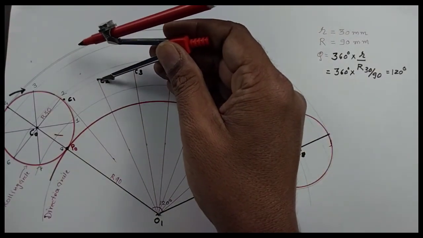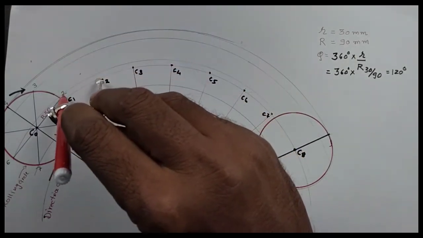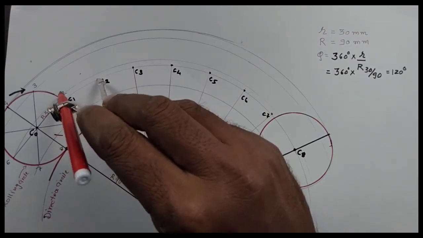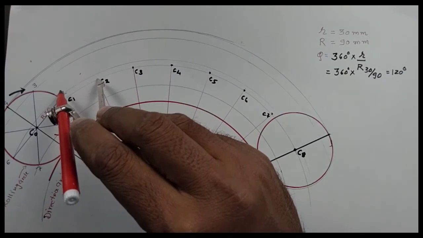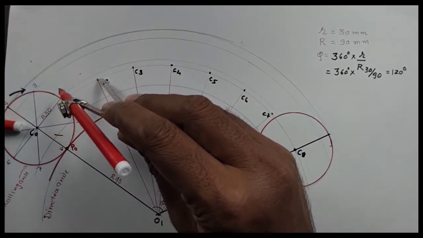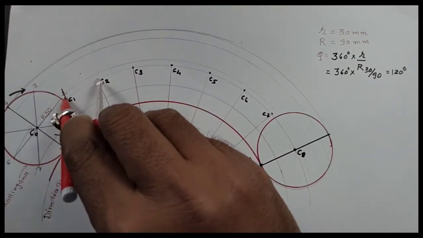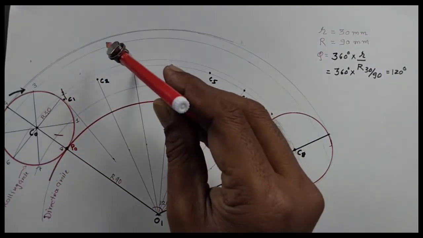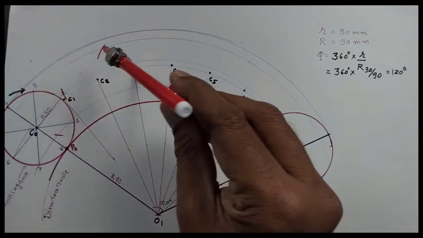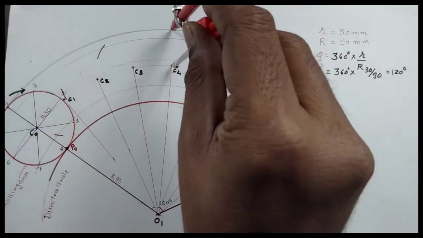Similarly I choose C2 as the center and we draw the arc on the circle which passes through 2, 6. Then with C3 as the center, you can draw the arc on the 3 number circle. Then choose your C4 center and draw the arc on the 4 number circle.